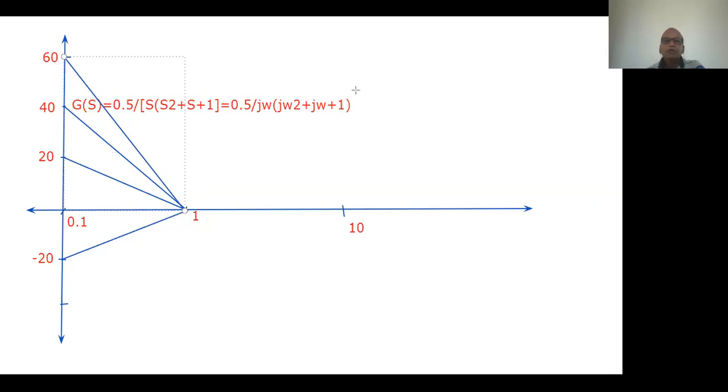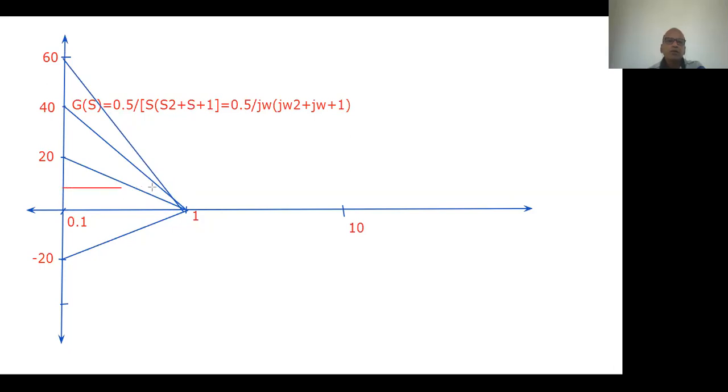Again, consider a line. Suppose the magnitude equal to 20 log 0.5 to the base 10 is equal to 6 dB.